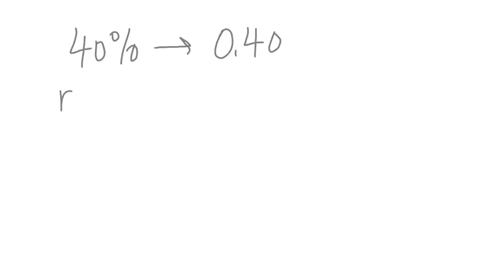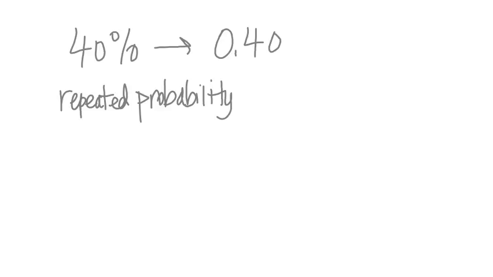So we're talking about a repeated probability here. So the chances or the probability of picking a person is the same every single time, but I need to pick 3 of them. So each person has the same chance as the one before. It doesn't change.